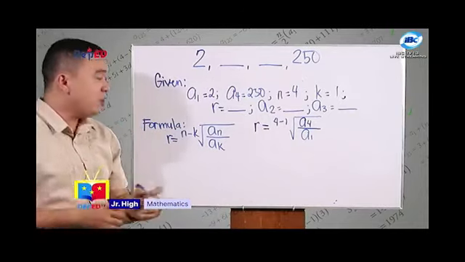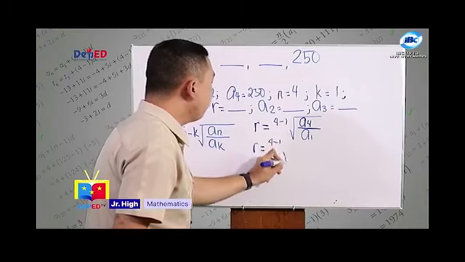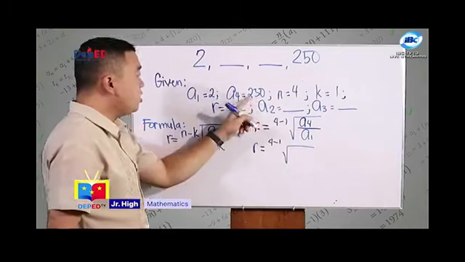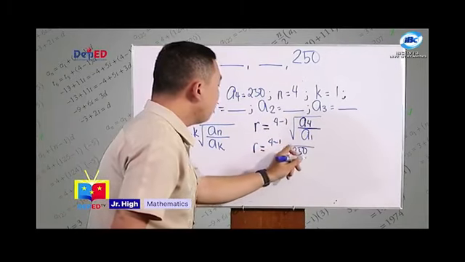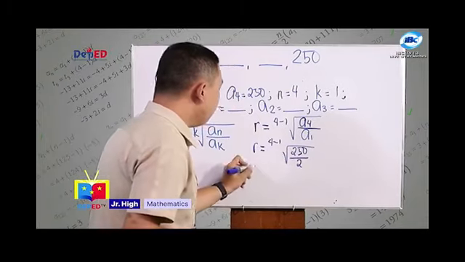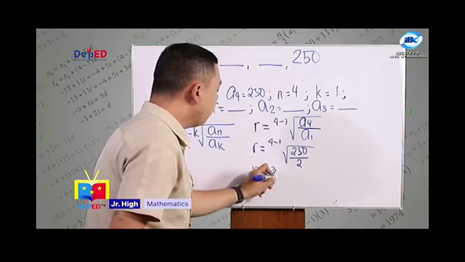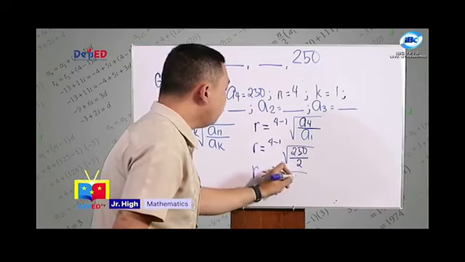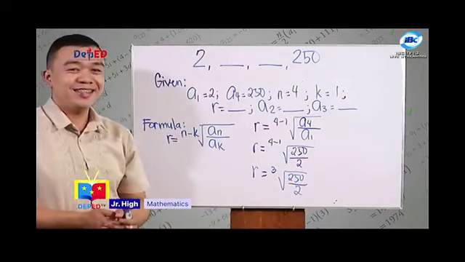Now, use the values. We have r is equal to the cube root of 4 minus 1. Our a sub 4 again is equal to 250 over a sub 1, which is 2. Then we will have r is equal to 4 minus 1, which will give us 3, and the cube root of 250 divided by 2.